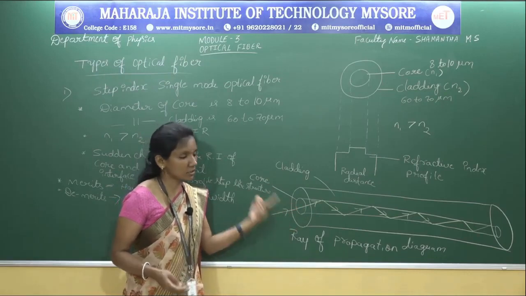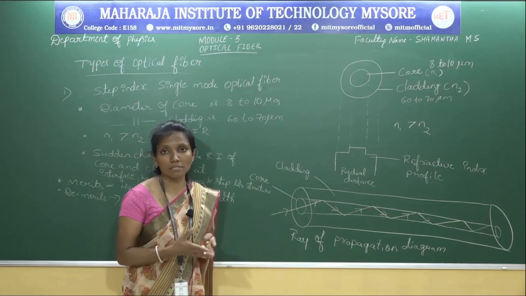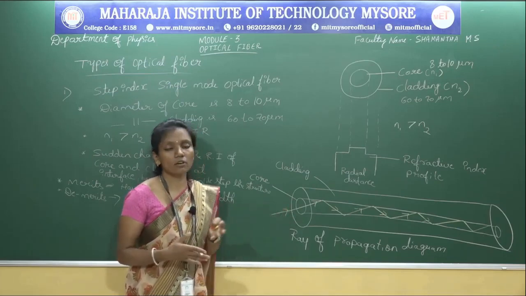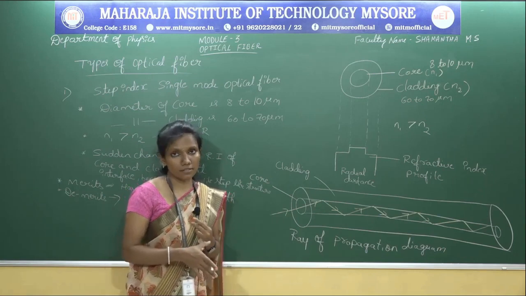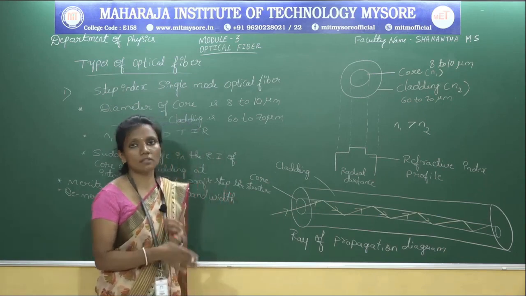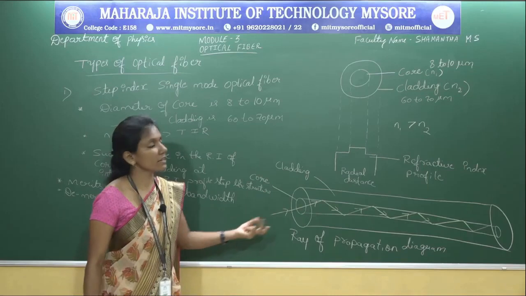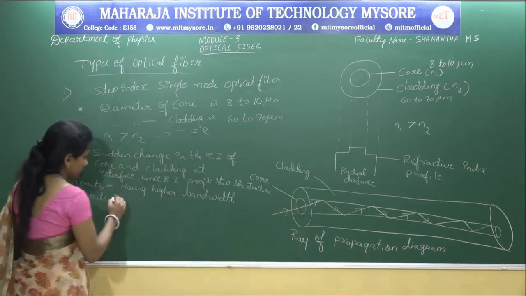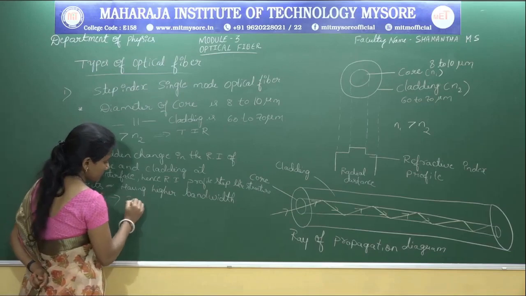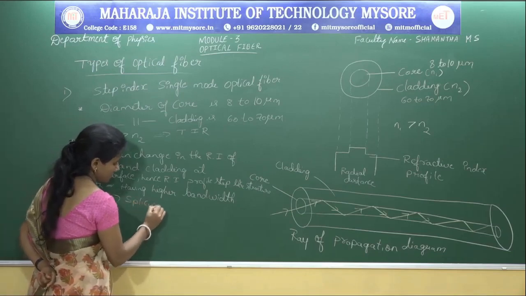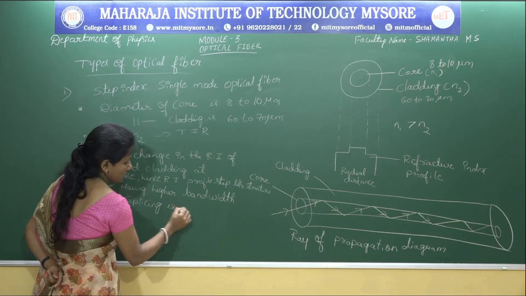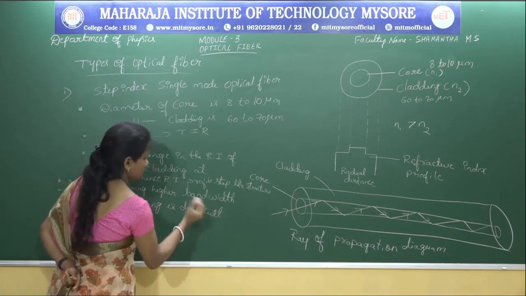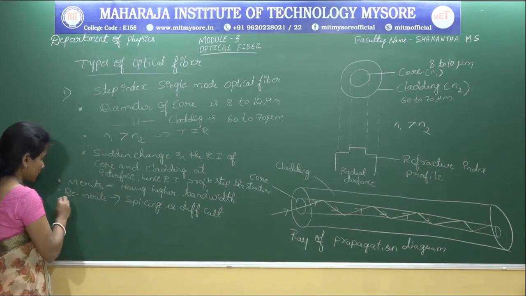If something damages the parts, we can't join them and it won't work with the same efficiency. So splicing, that is joining, is difficult.